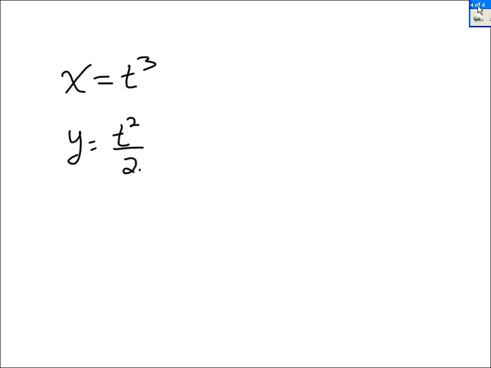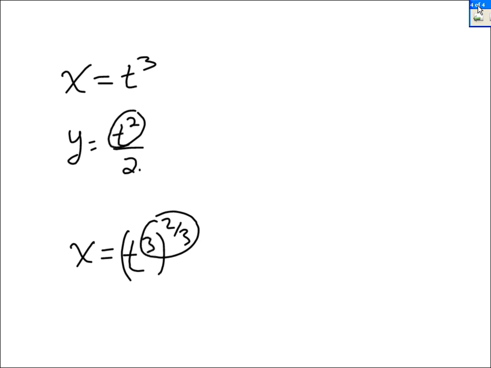You can solve for t in the first equation, or you can solve for t squared in the first equation. If I know that x is equal to t cubed, if you raise to the 2/3 power, you multiply those powers. And 3 times 2/3, what do you know? It's 2. So that's t squared.